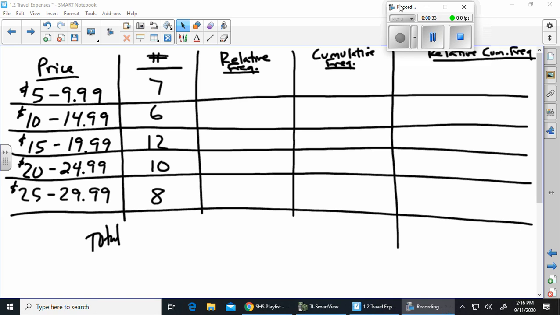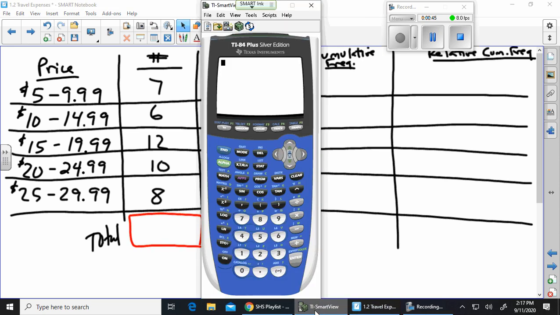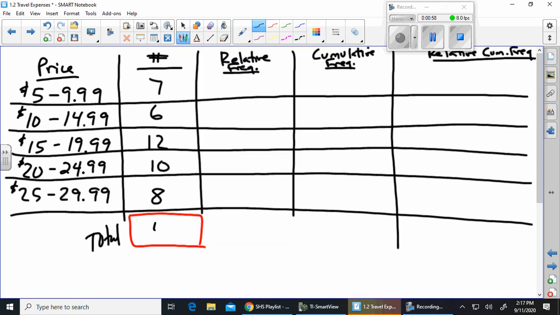If I'm asking for relative frequency, the first thing I need to do is find the total number of things that I'm talking about. So I would take 7 plus 6 plus 12 plus 10 plus 8. So I have 43 things that I've looked at the price of.